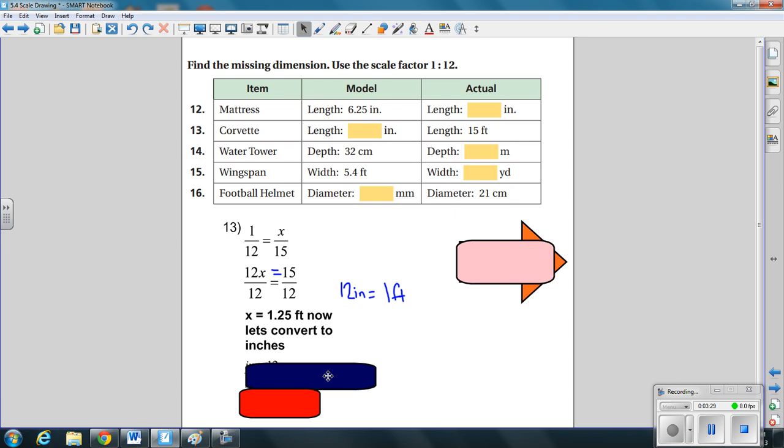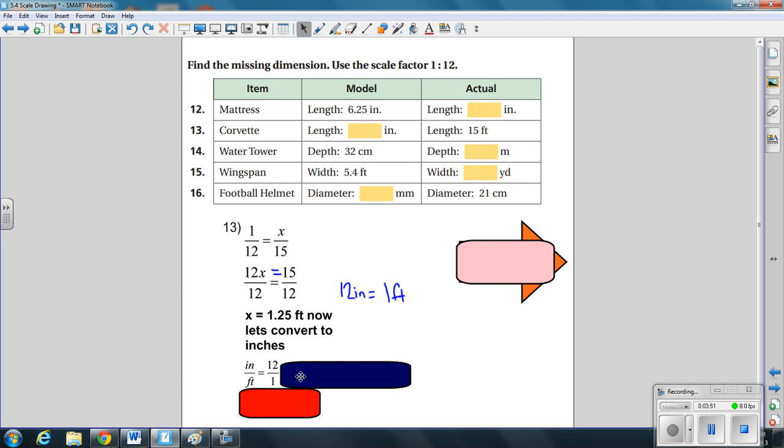So what I'm going to do is start with the information I know. I'm comparing inches to feet, and I'm going to start with the conversion factor here. I know that 12 inches equals 1 foot, so 12 to 1. And what am I converting? I'm converting the answer that I just got for number 13.